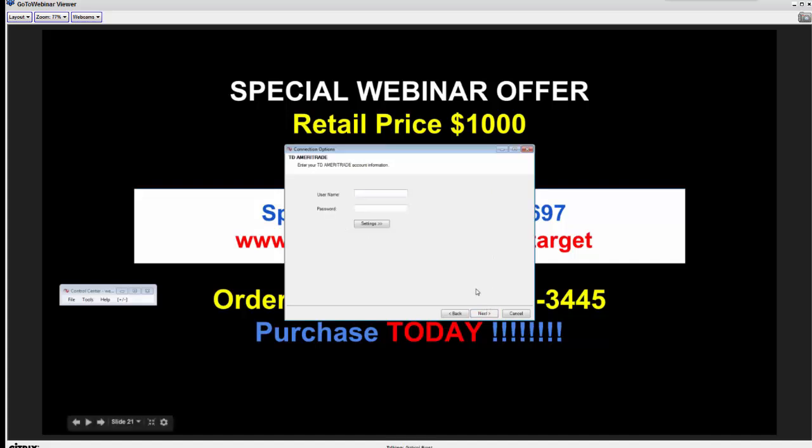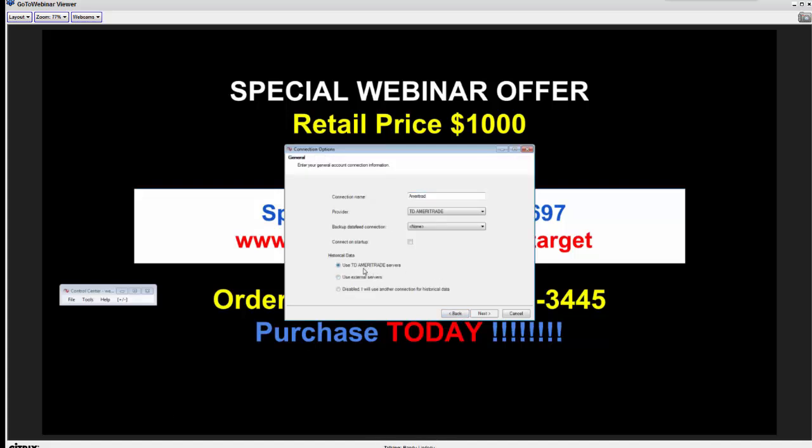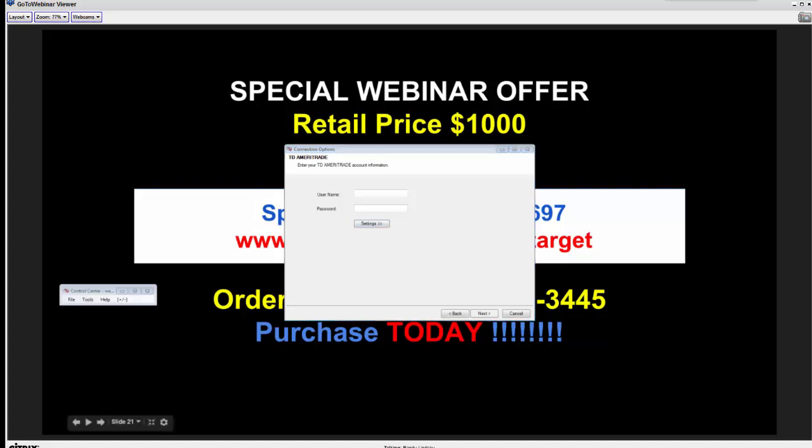Make sure you click on use TD Ameritrade servers. There you go. And then you use the username and password that they provide you. That's right. And then you're good to go. That's your standard Thinkorswim or TD Ameritrade login information. And you'll link directly to your data, your equity or ETF data account.